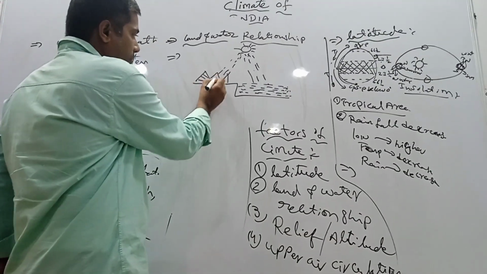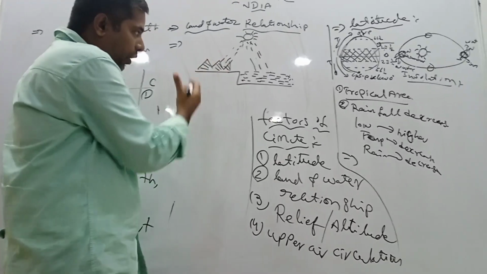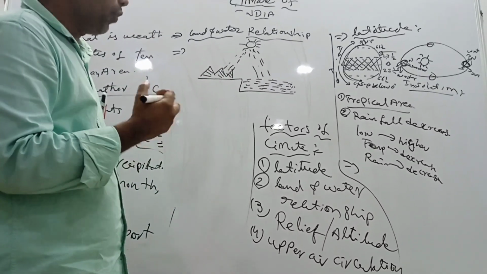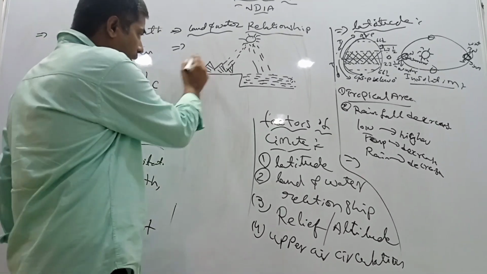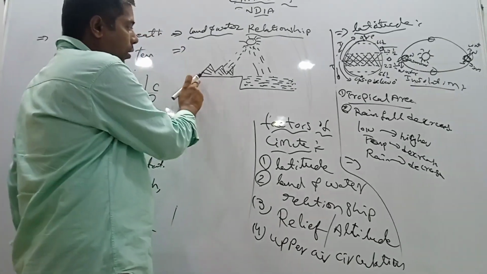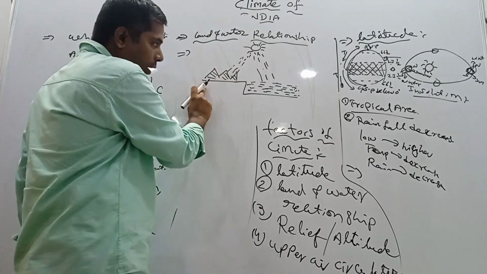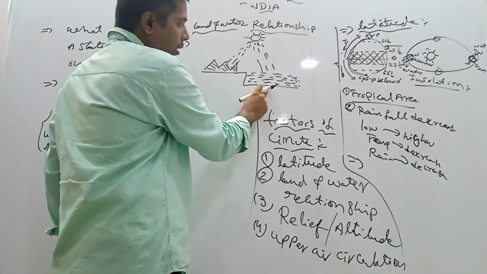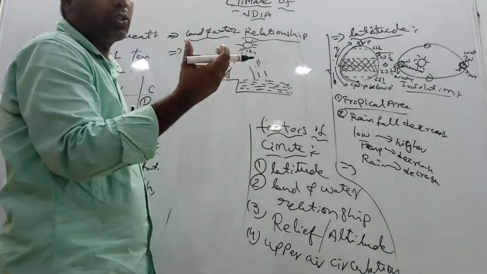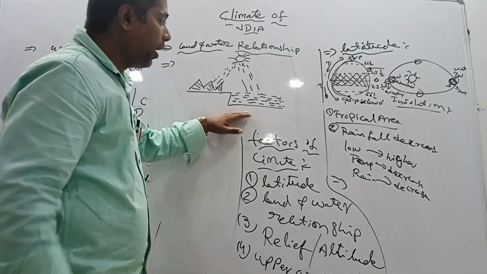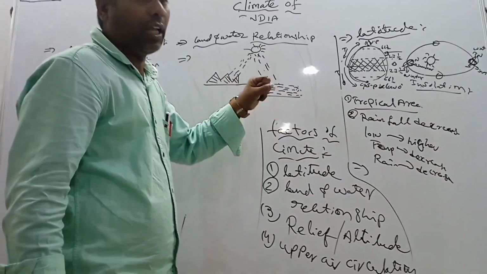This land receives heat quickly from the sun. Land quickly heats up and quickly cools down. Land quickly heats up due to sun rays in daytime. But water is not like that. Water slowly heats up and slowly cools down because water has the capacity to hold the temperature.